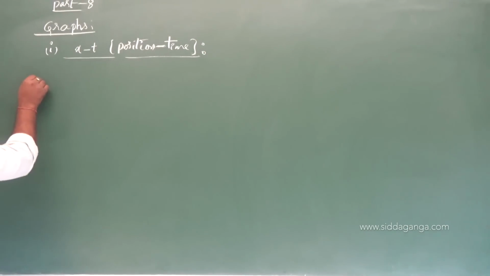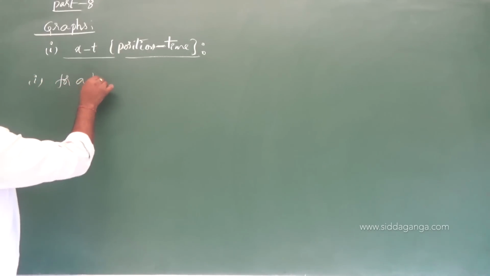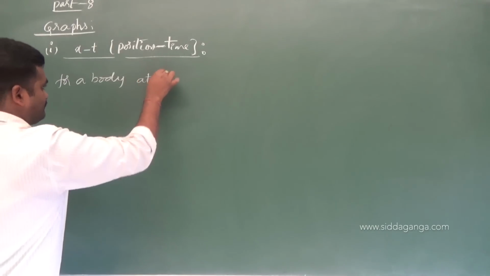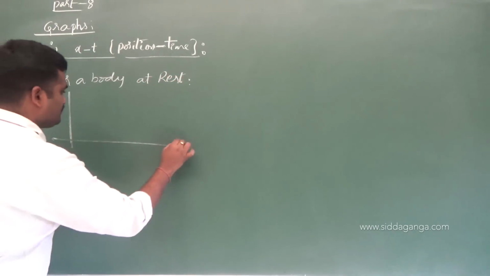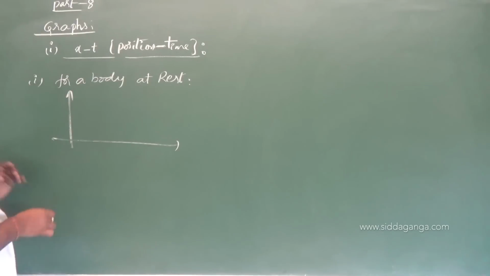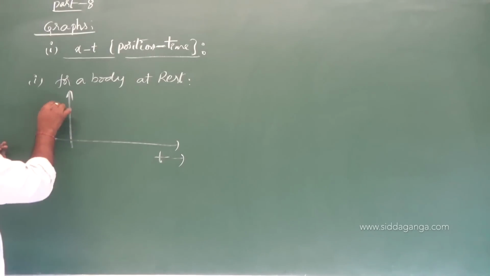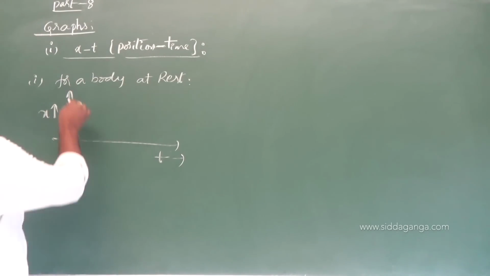First one, body at rest. For a body at rest, how is the position time graph going to be? I am going to take in all the cases time axis as the x-axis, position as the y-axis. In all position time graphs, we are going to draw it that way.